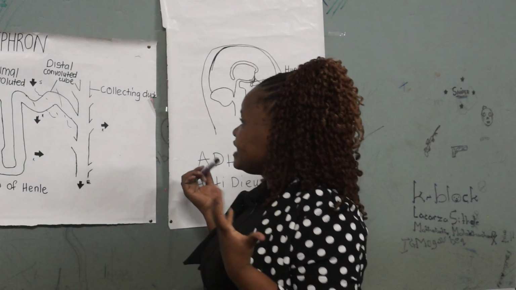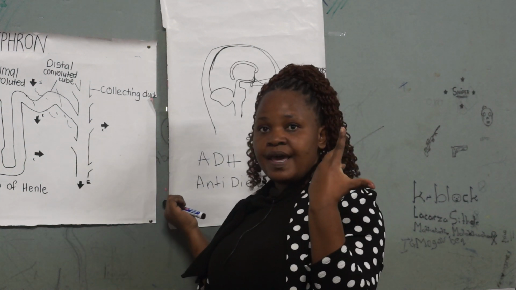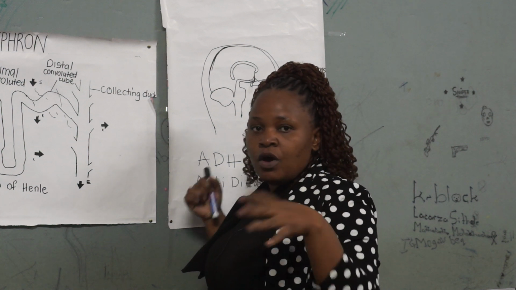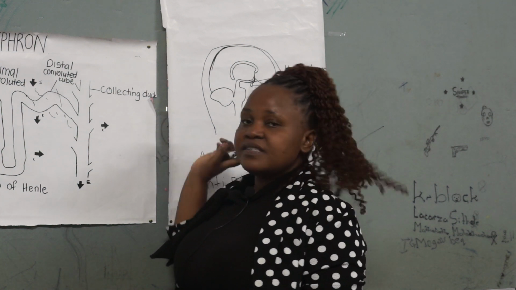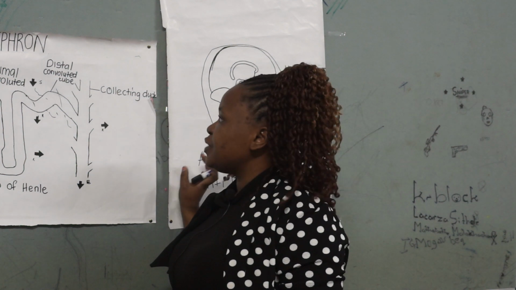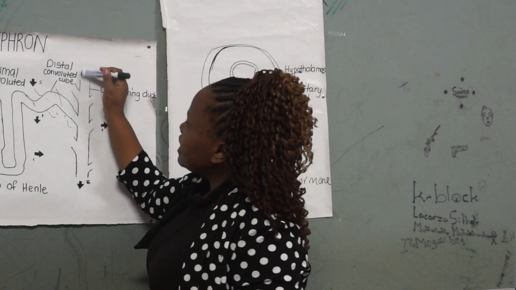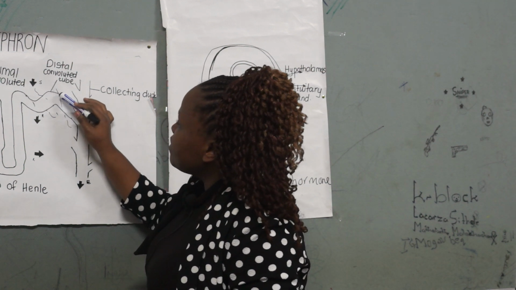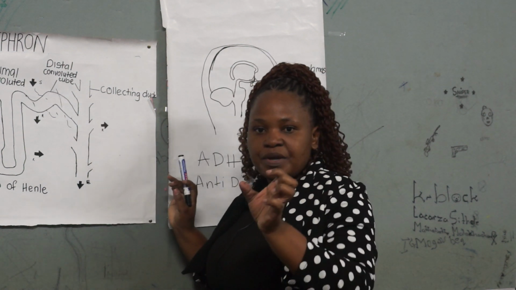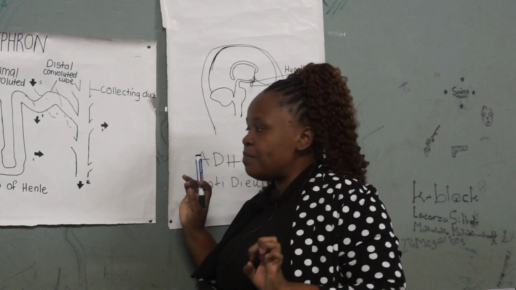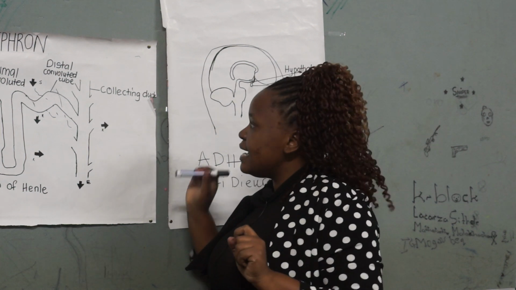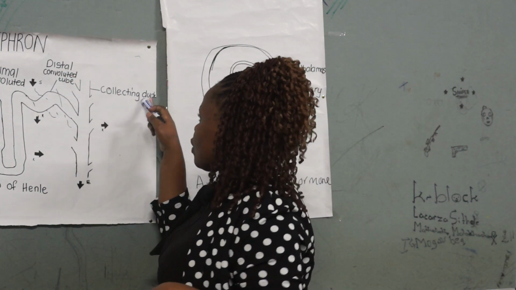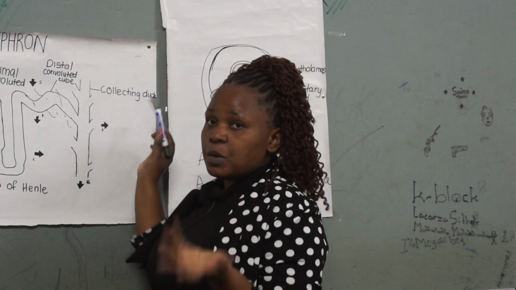So if ADH is no longer secreted by the pituitary gland, that means the distal convoluted tube membrane becomes less permeable, or its pores close a little bit, so that less water is reabsorbed, and less water is reabsorbed again in the collecting duct.